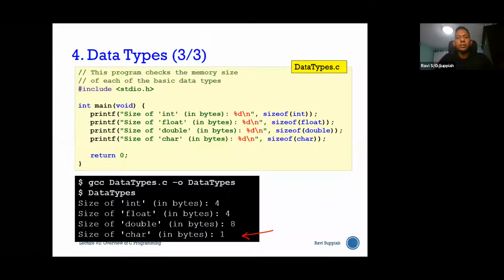This is to give you the idea that the way we declare variables does matter, because the size will determine how efficiently your code might execute on different kinds of hardware.